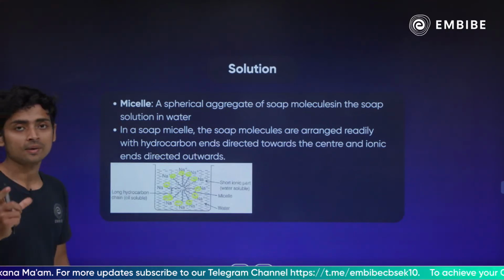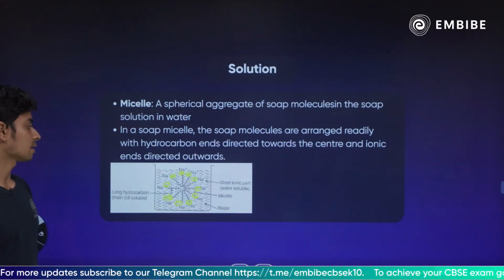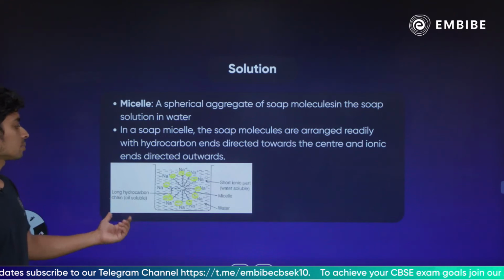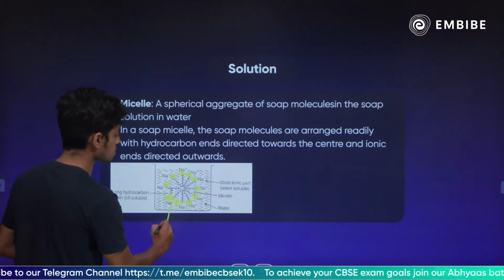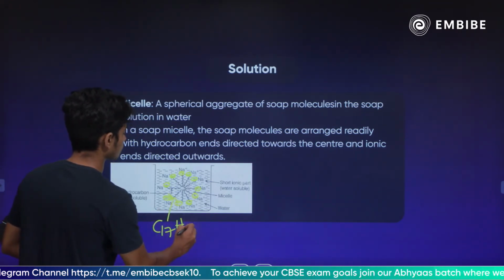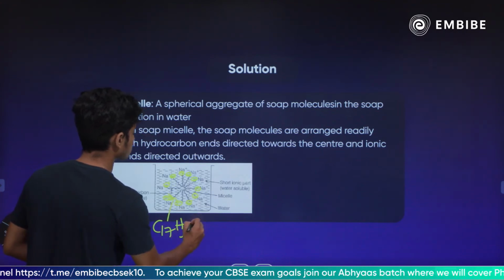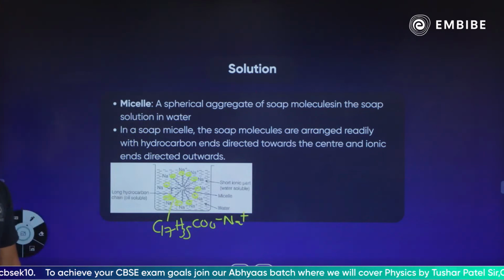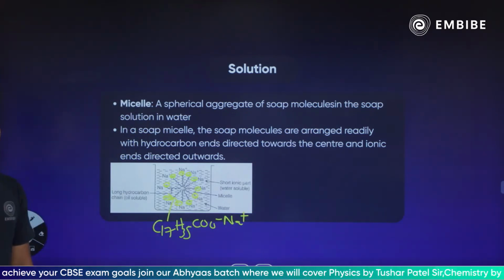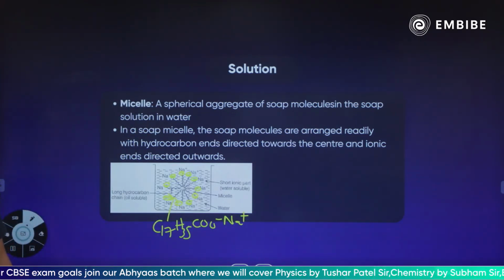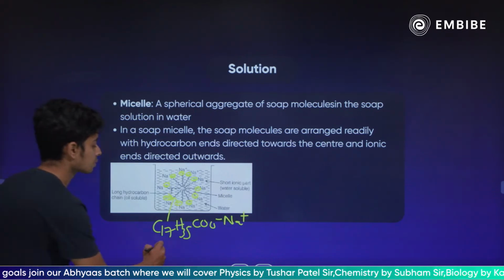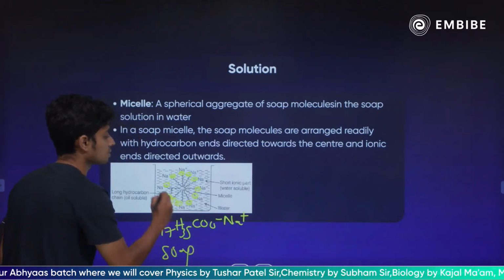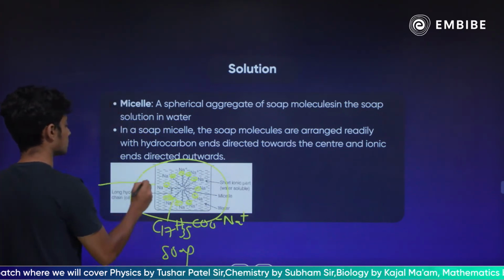So that is the short ionic part, the charged part, and this cluster is your micelle, with the long hydrocarbon chain I had explained, that was your C17H35. C17H35 COO minus Na plus is your sodium stearate, or a soap ionic compound. So this is your soap and this entire thing is your micelle.